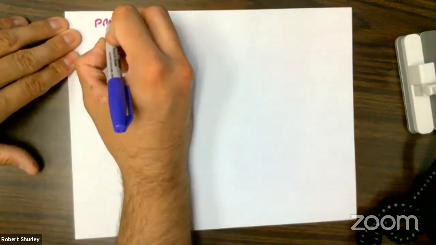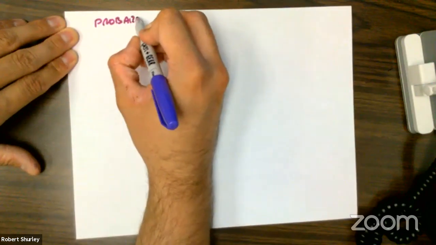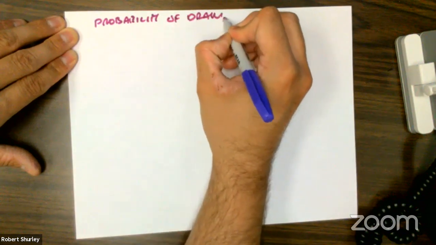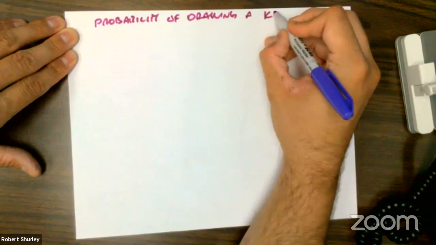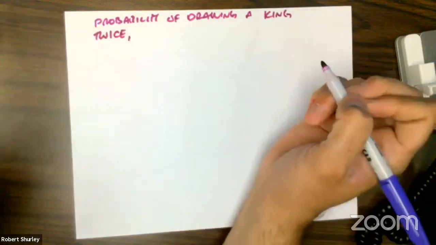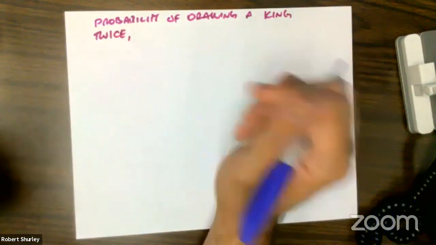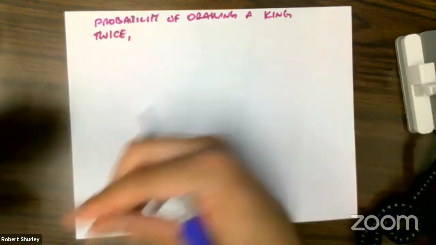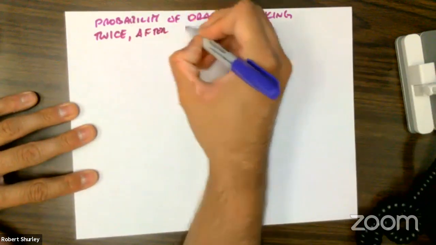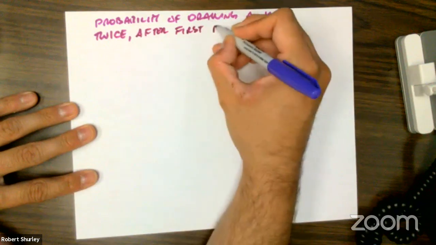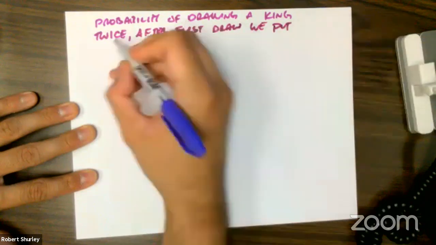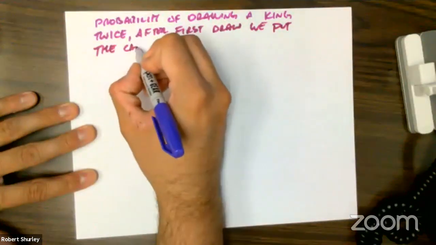What's the probability of drawing a king twice? Now here's what's important. After we draw the first one, we put the king back in and shuffle it up, okay? So after the first draw, we put the king back in. Put the card back in.